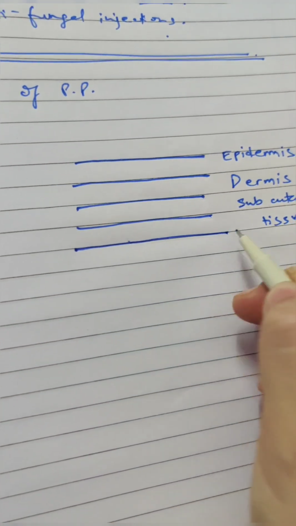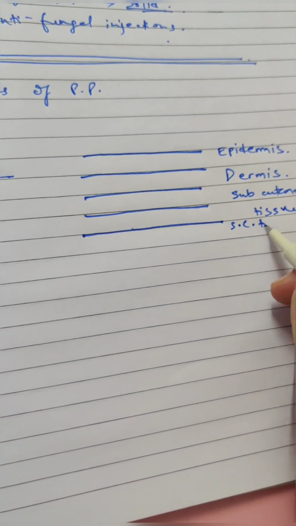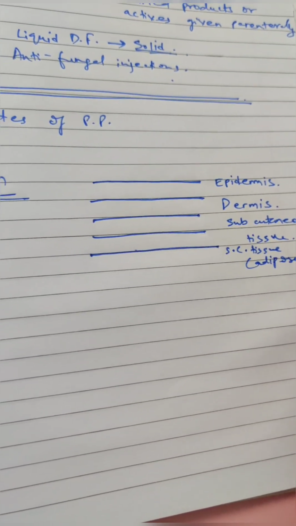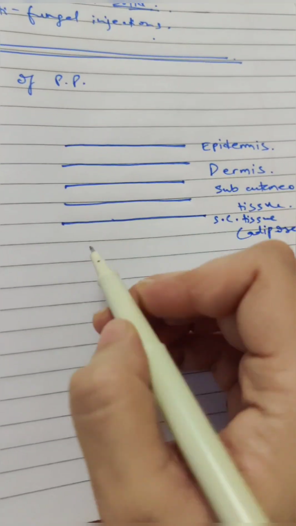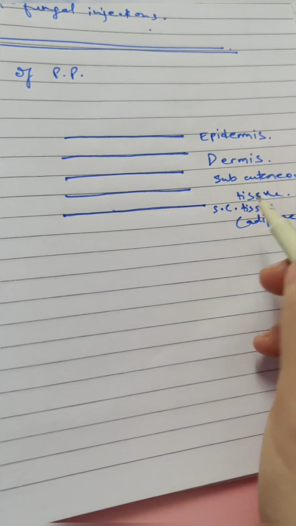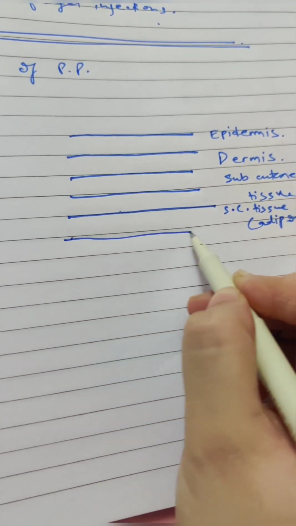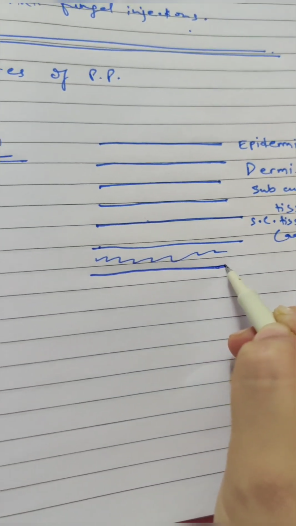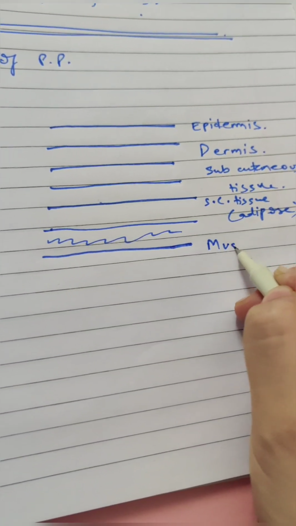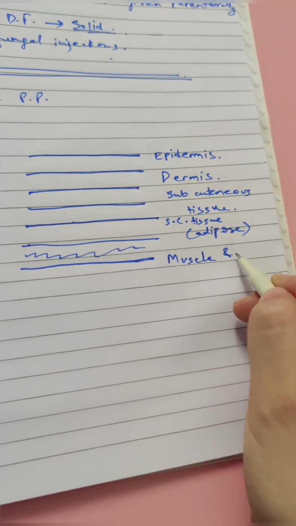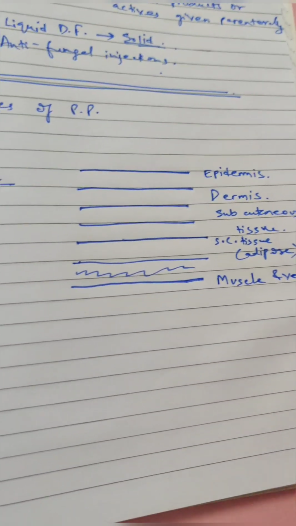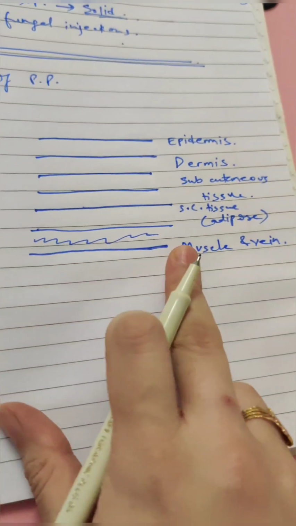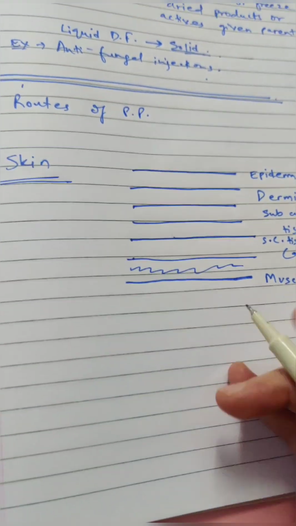Then again, it's a subcutaneous tissue, adipose. And below that, this is the deepest layer of the skin, okay? And below that, it's muscle and vein. Firstly, coming to the muscle, okay? The deepest one.